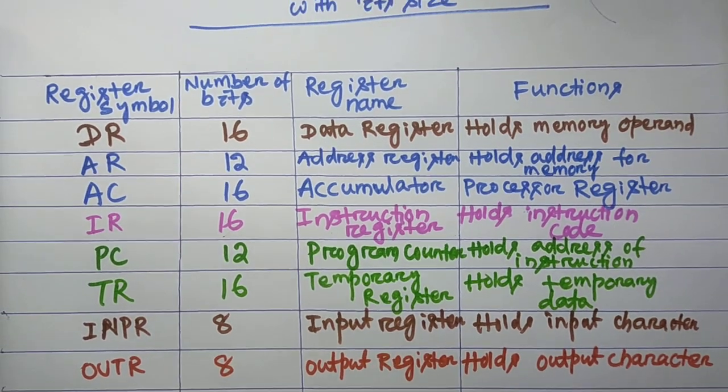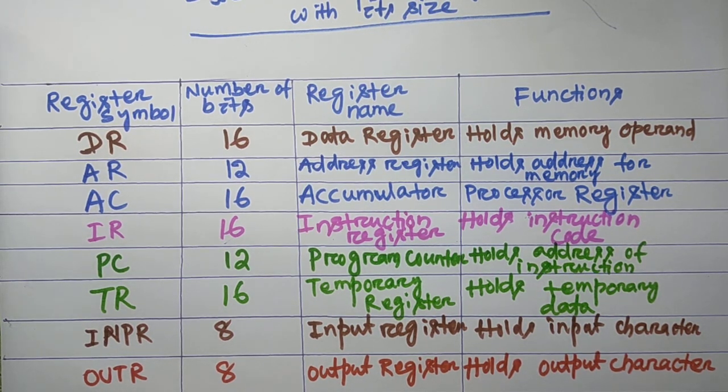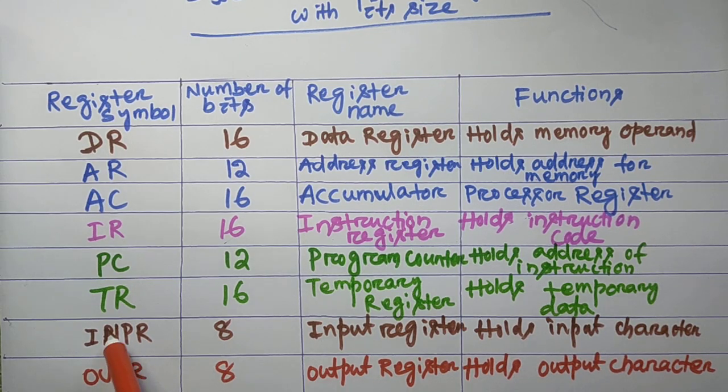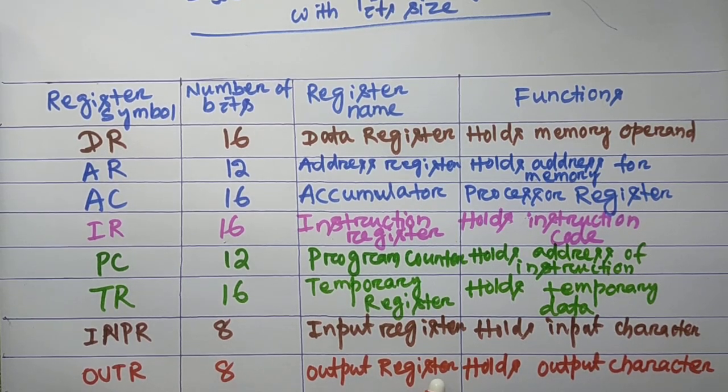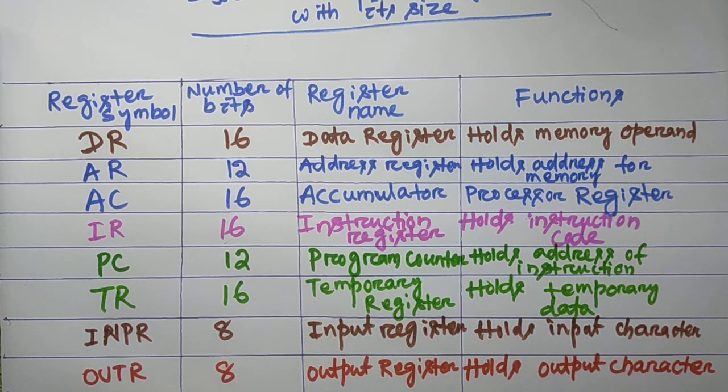That means if you analyze all things, then you can find out what purpose different registers are used for. For example, the input register has 8 bits because it holds only input characters. There is no operation, nothing. It receives data from the input device, so for that reason it needs only 8 bits.